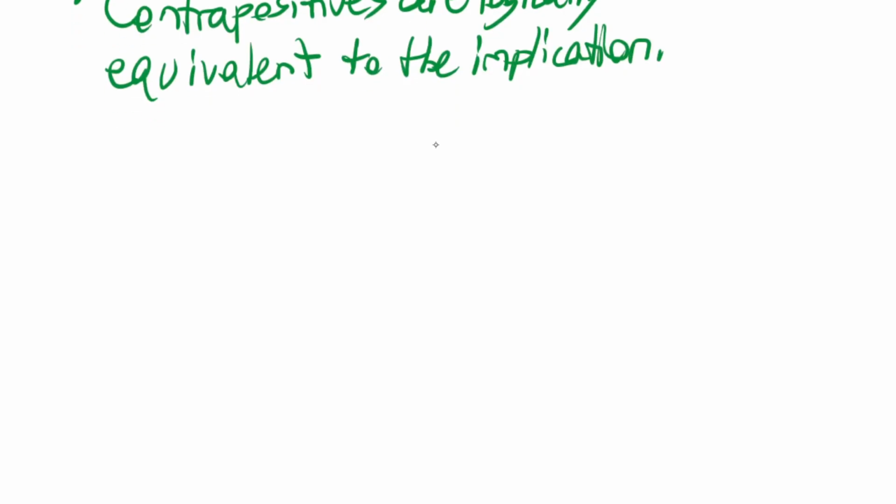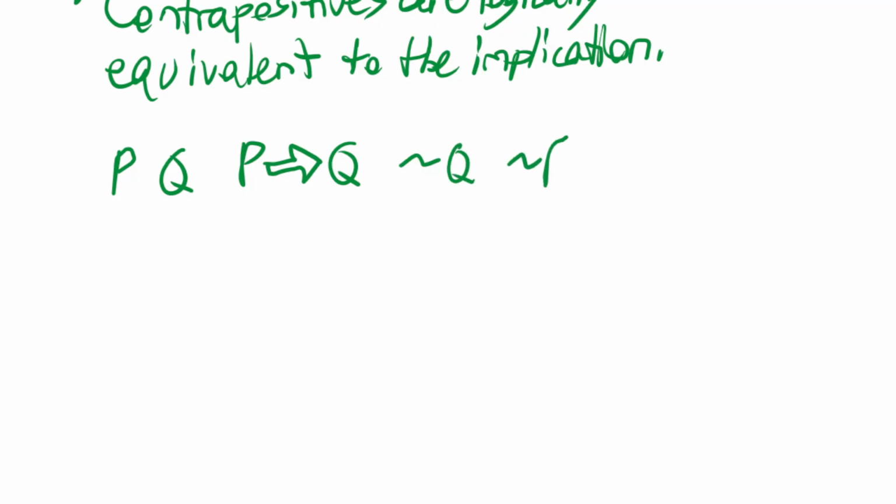And of course, we can look at a truth table to see this. And then we have not Q, not P, and then not Q implies not P.